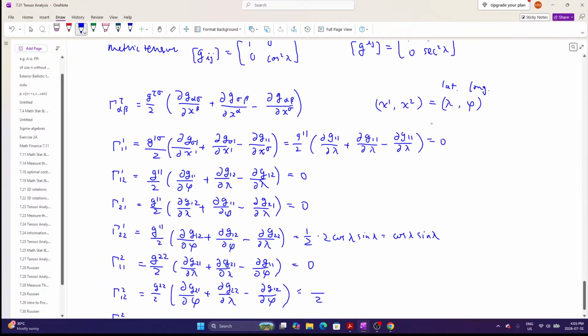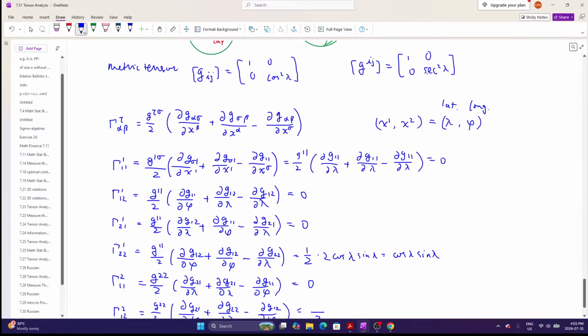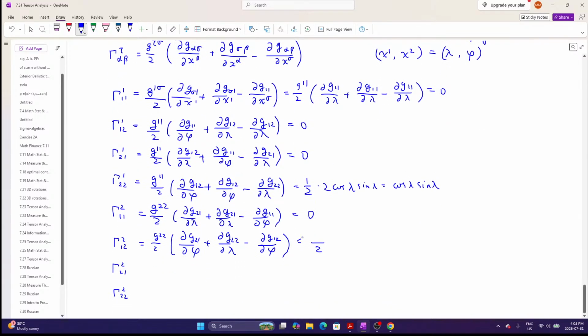Upper g22 is secant squared lambda here, and the two off-diagonal terms cancel, and minus here dg22 over d lambda, we calculated that, right?